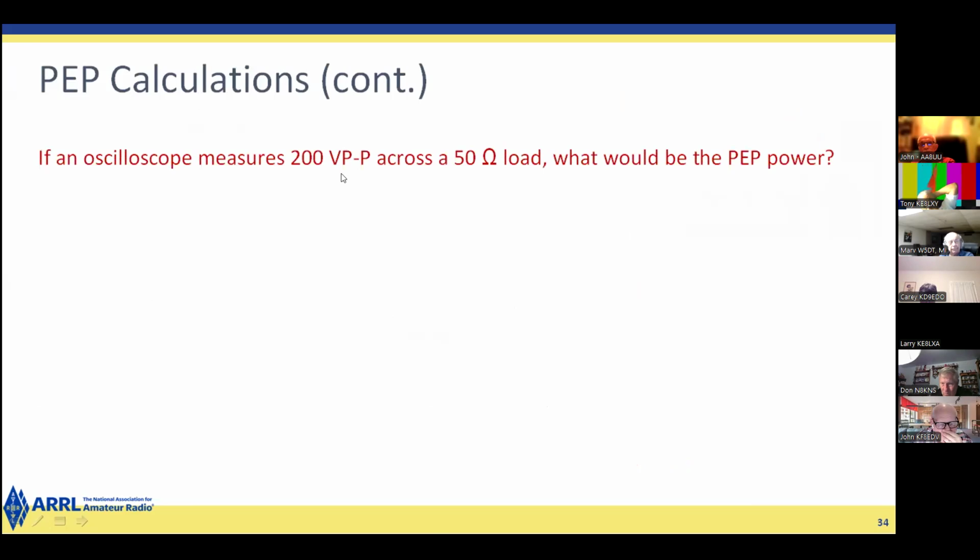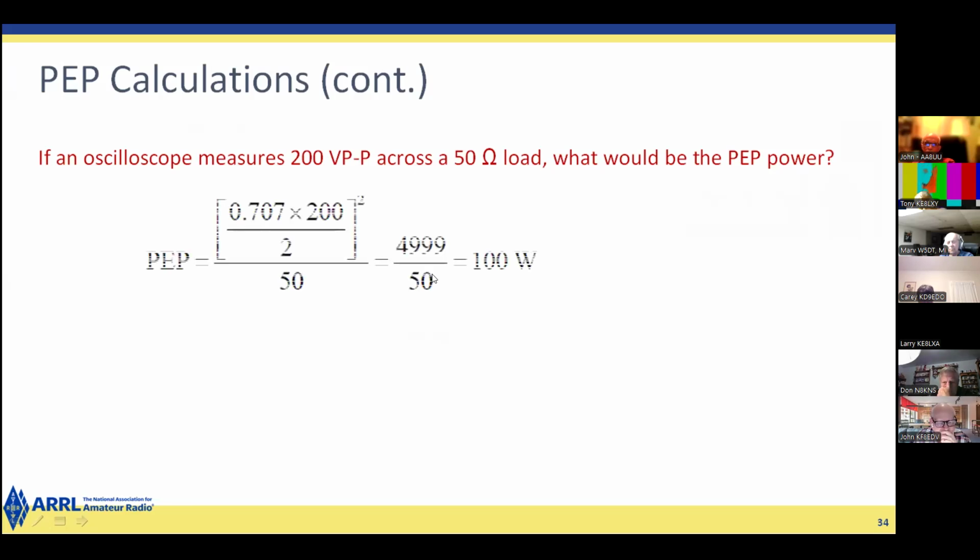If an oscilloscope measures 200 volts PEP across the 50 ohm load, what would the PEP power be? And see, they use the word oscilloscope, and that's where you use this peak to peak, because it's just the easiest thing to measure on an oscilloscope, because you can actually put a marker at the top and the bottom of the sine wave.